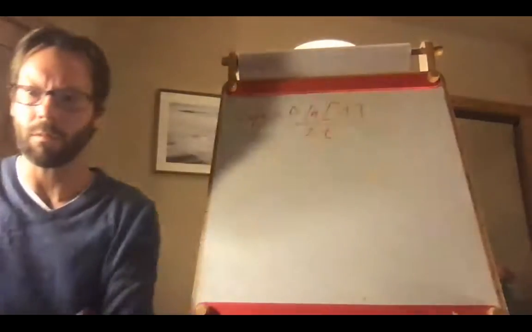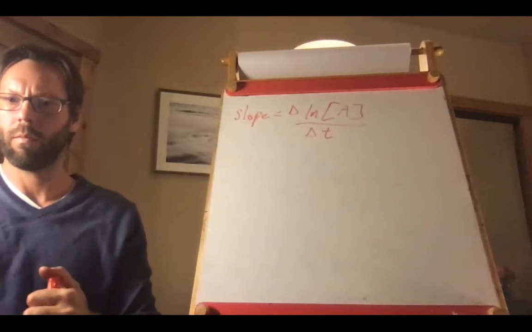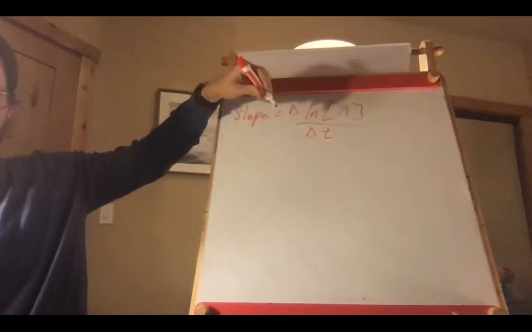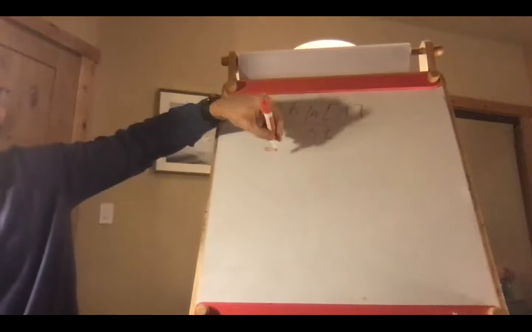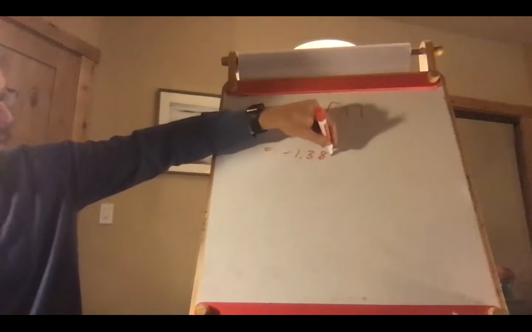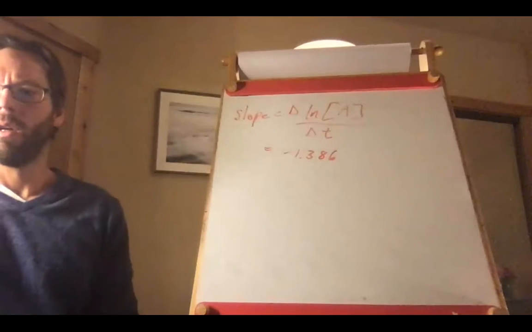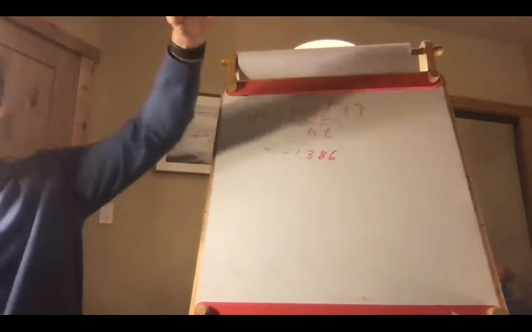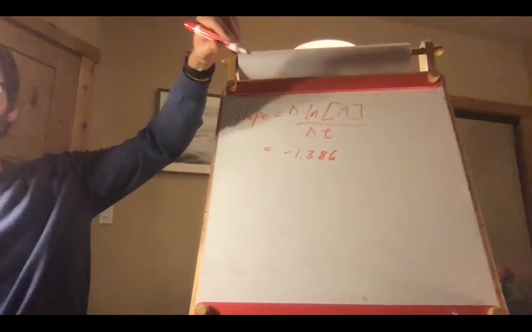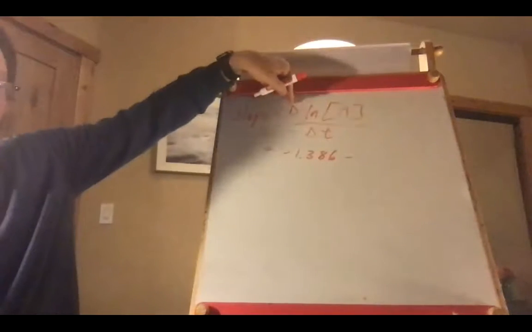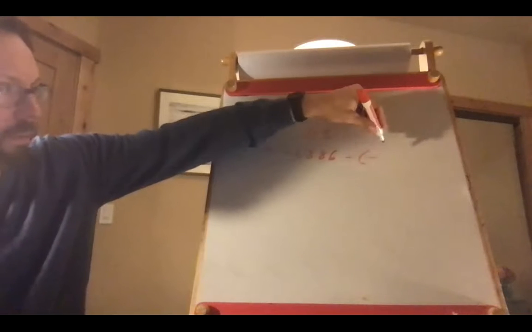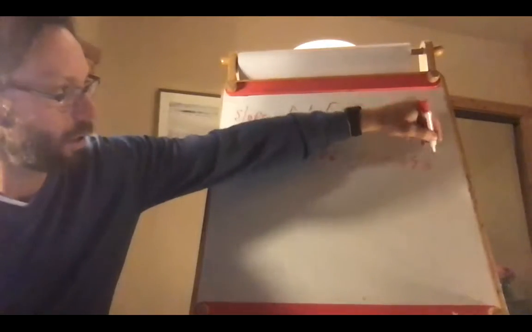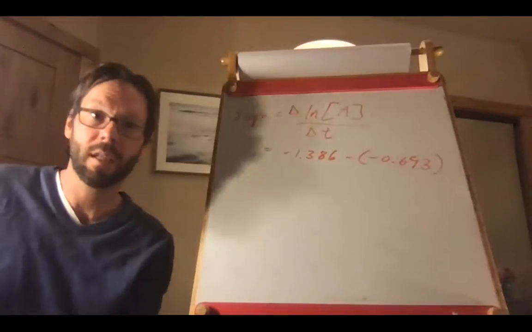So we could pick, let's say, negative 1.386, which is our natural log concentration at 12 hours, and then we can subtract it, because we're getting our delta, from the negative 0.693, which is our 6 hour value.